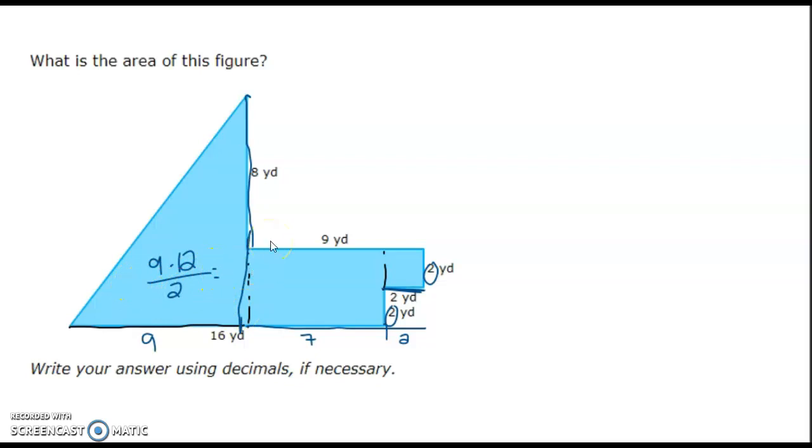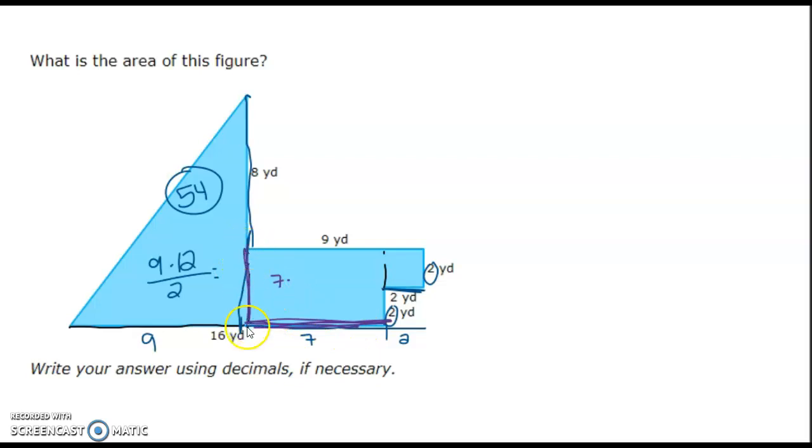So let's go ahead and put it in our calculator. 9 times 12 is 108. 108 divided by 2 is 54. So this whole area is 54. Now we already did a lot of the work to find these other little triangles. So this one, I know that my side is 7.